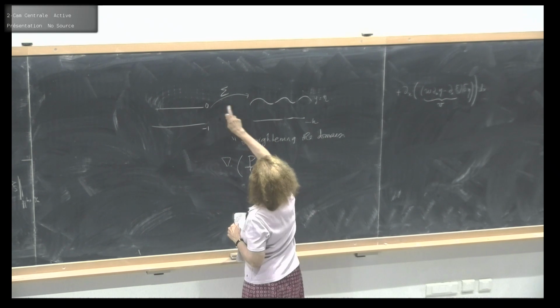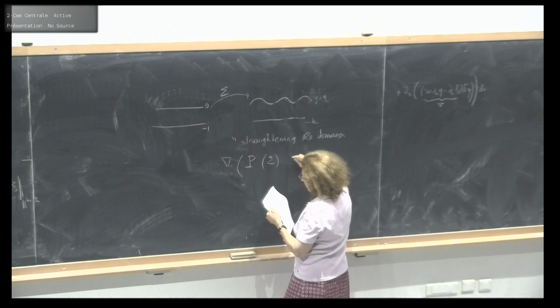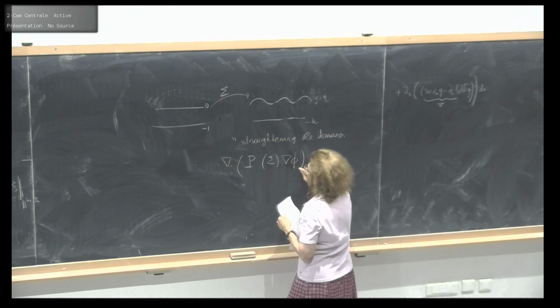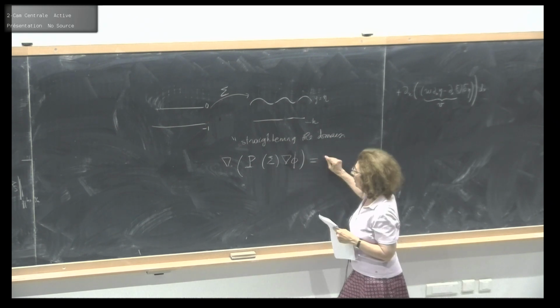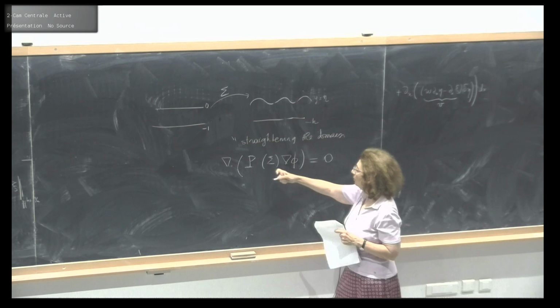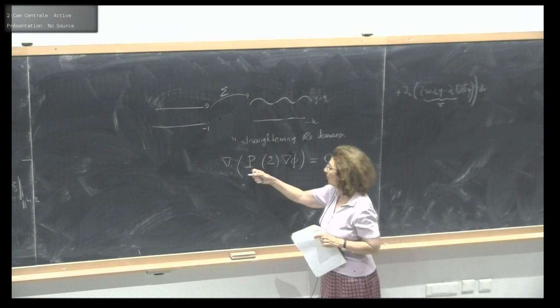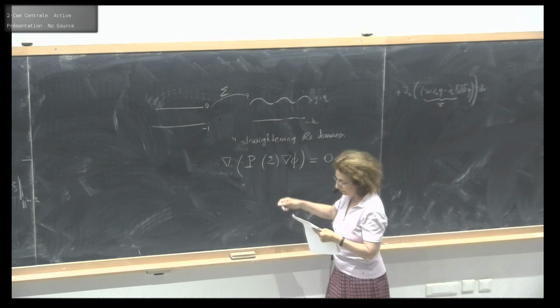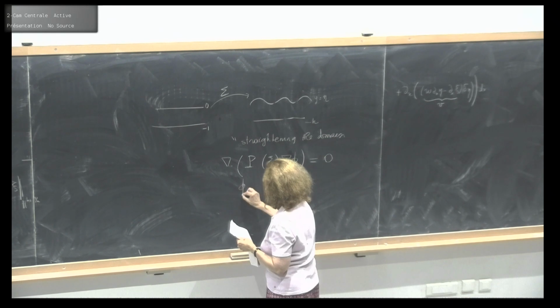So this sigma, of course, depends on eta, and it transforms the original Laplace problem to an elliptic problem with non-constant coefficient, and this sigma depends on eta and phi.